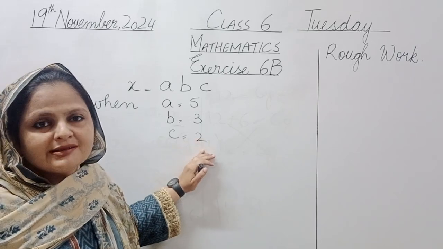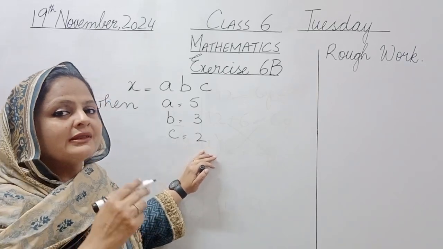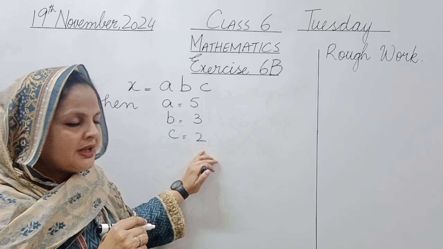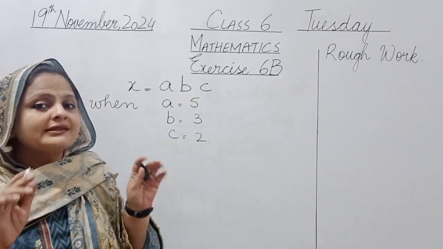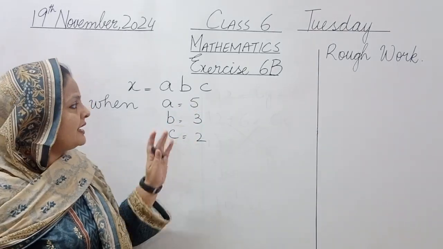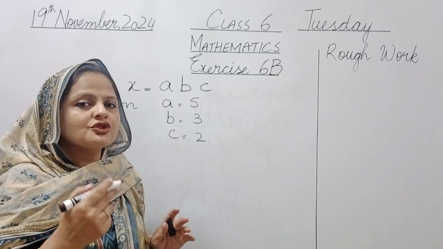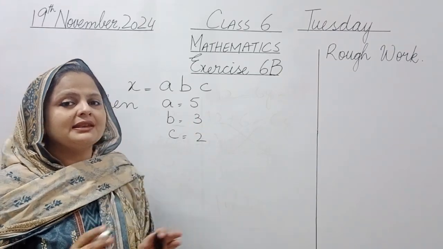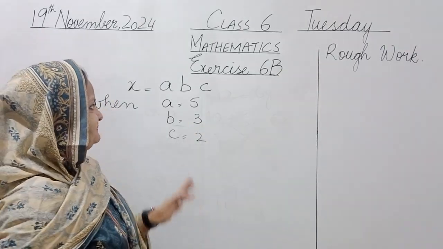And 2 is a constant because you cannot say that 2 can be equal to 100. Their values are constant, change नहीं होंगी. Variables क्या है जिनकी value change होगी. Constant क्या है जिसकी value change नहीं होगी.